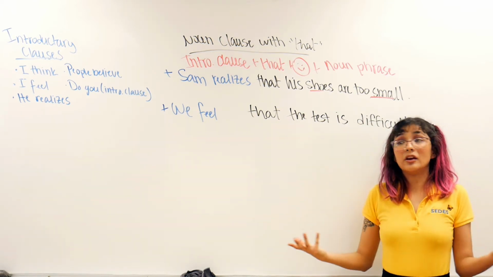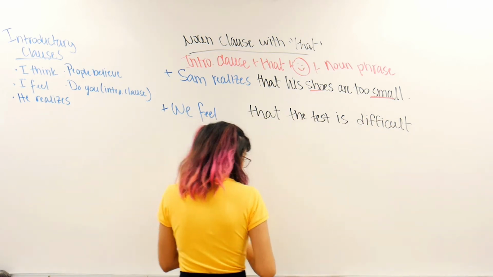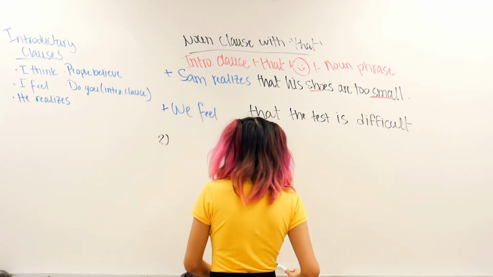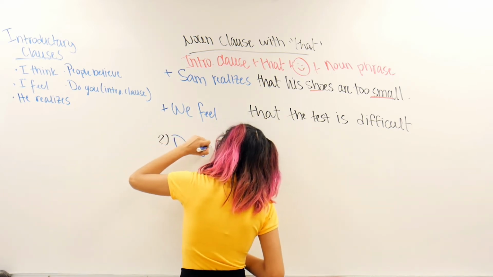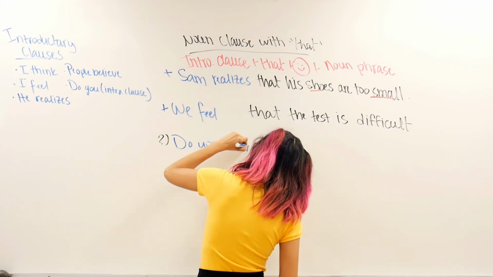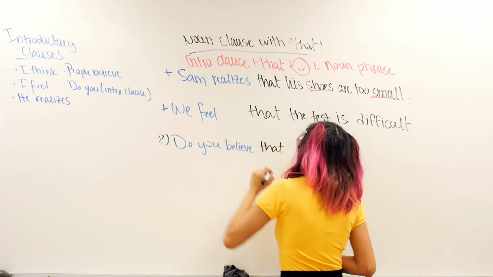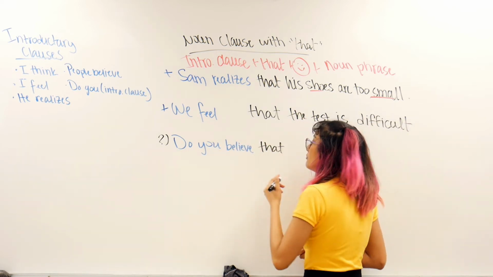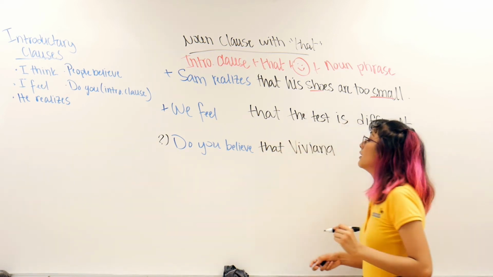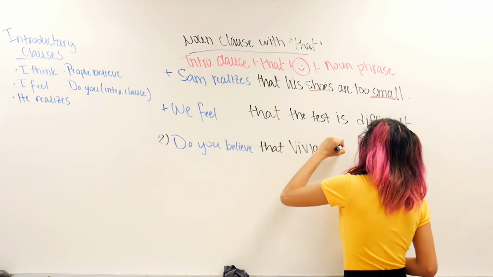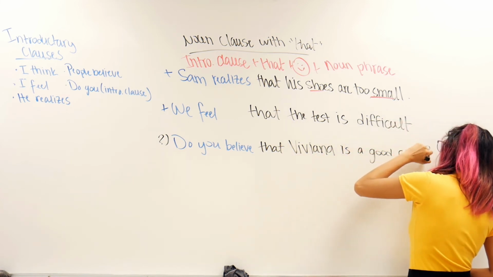Again, let's now use a question. Using your introductory clause, I can say, do you believe? And then we're going to use our connector that. What is going to be my subject? Let's use my name, Viviana. Do you believe that Viviana is a good cook?